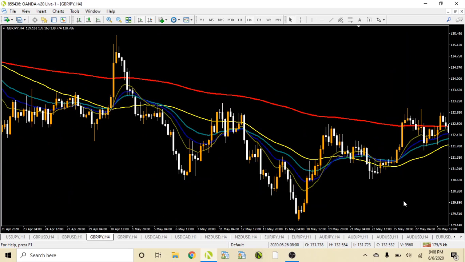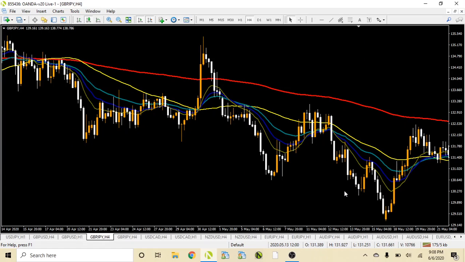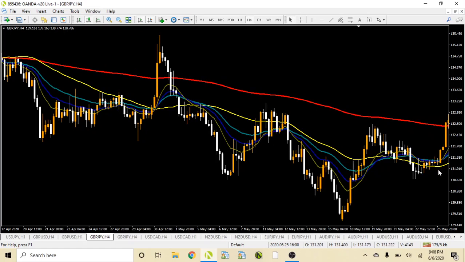Sometimes you get a move like this, sometimes you get halfway, whatever happened. You have a pattern breakout, blackjack here. Don't be so worried if it makes another ABC correction. You get stopped out here, you get back in.